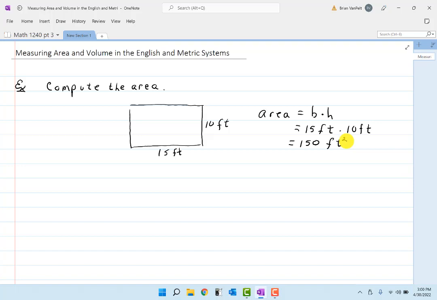So we want to keep track of the units as we go. Dropping the units altogether is a bad idea, as we're going to need them as we do conversions.